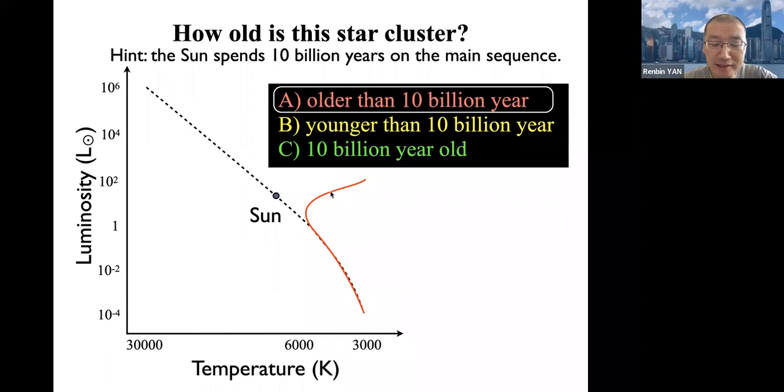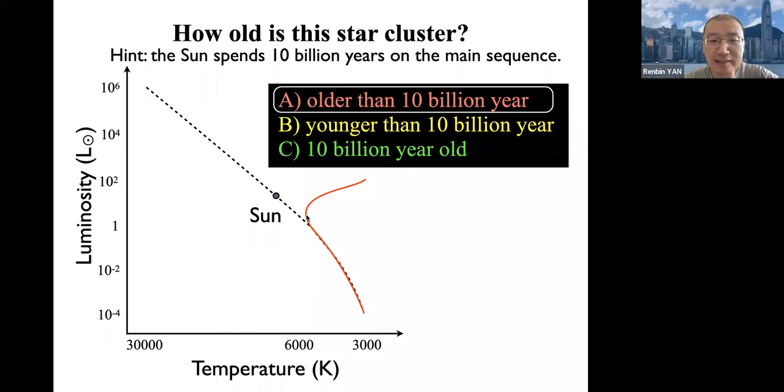Because in this cluster, you see there are no stars like the sun anymore, because the sun is over here, and in this cluster, there are no stars that are like the sun. So that means there probably were such stars in this cluster a long time ago, but those stars have died.